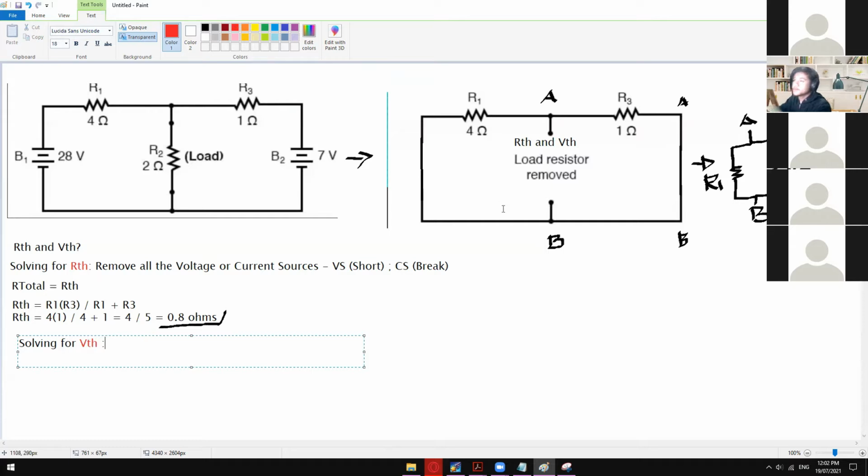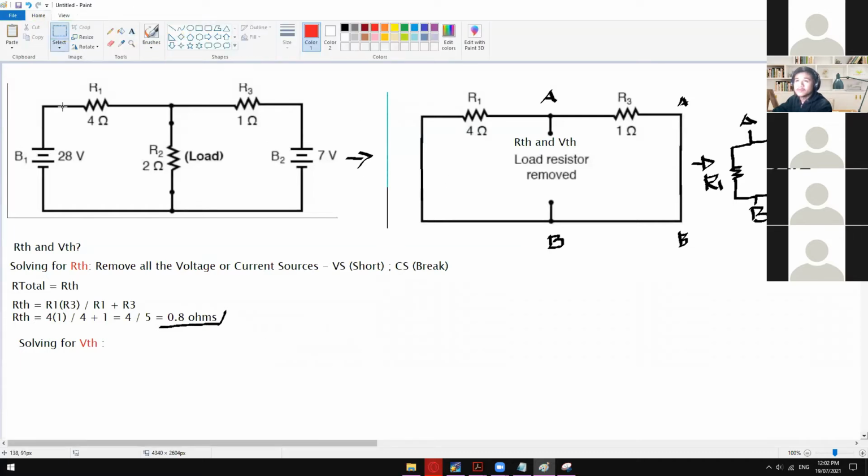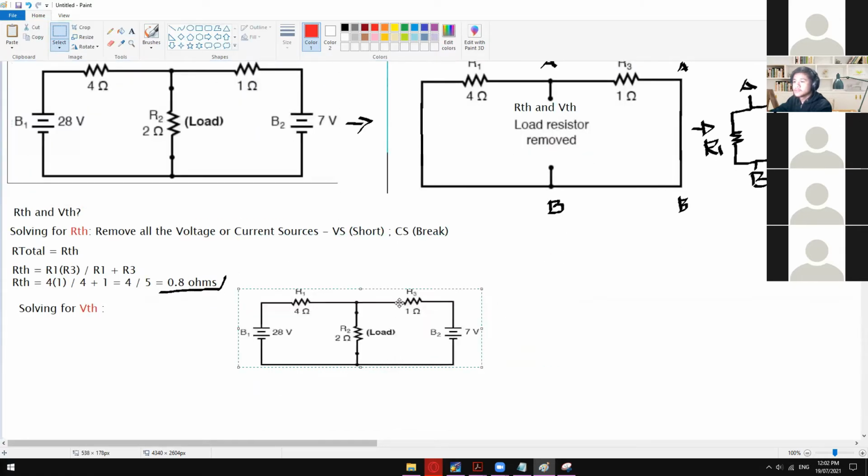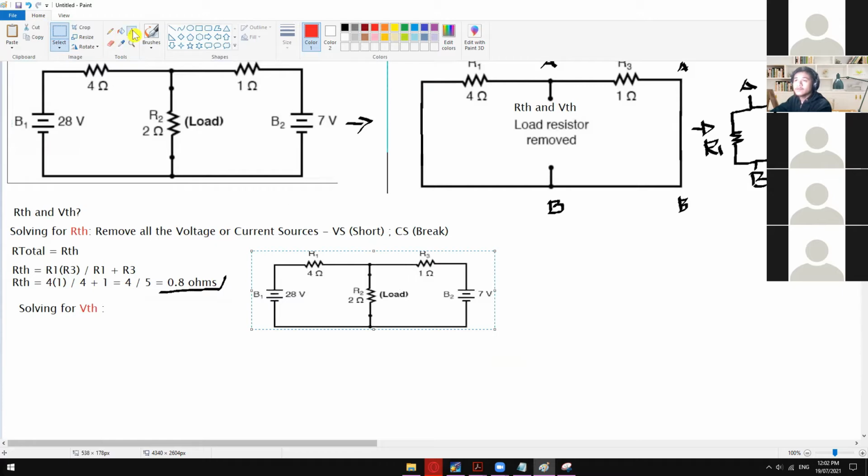Now, in solving for VTH, of course, we need to bring back the voltages that we just removed a while ago. So from here, let me copy this one again. And then, of course, we have to leave this one open.